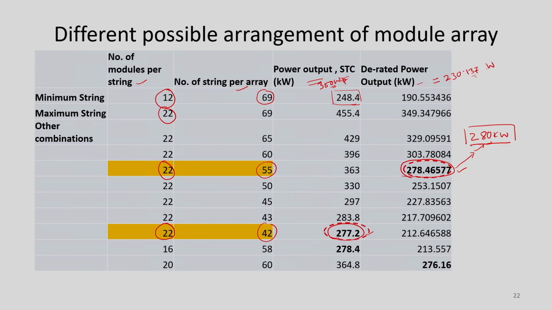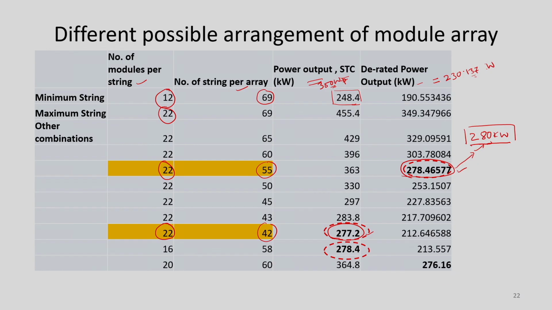Okay. The other alternative combinations are something like 16 modules per string and 58 strings per array, which gives power output under standard test condition of 278.4 kilowatt.